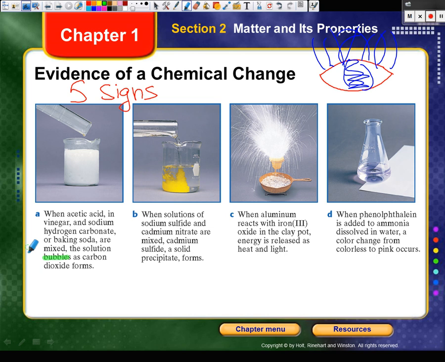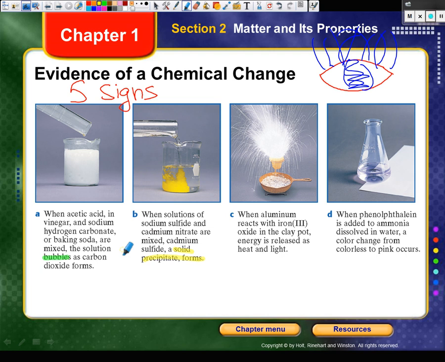The next one, this is a weird one. A solid, let me change the color so you can actually see a little bit better. A solid precipitate forms. A solid precipitate. Now here's the weird part about a solid precipitate. As soon as you hear the word solid, you think that when I pour 2 things together, it falls out like a rock. That is completely untrue.